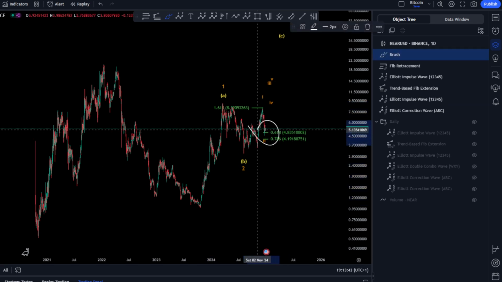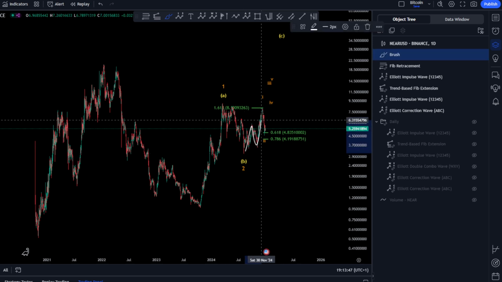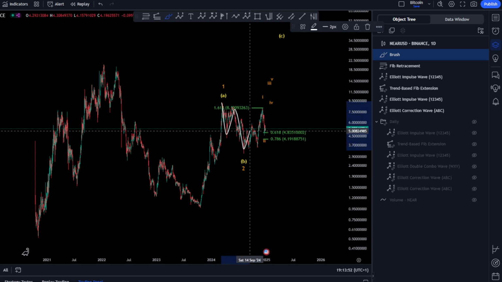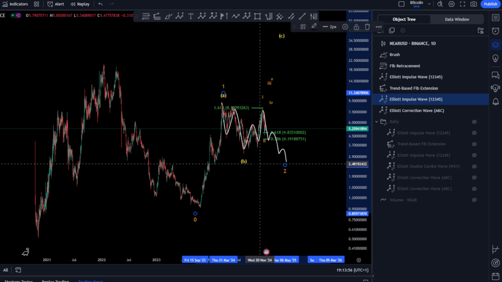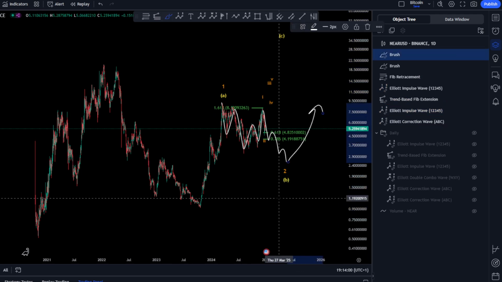So everything we talked about on the 4-hour chart will be invalidated. There is no double 1 2 anymore, and this might be an A, then B, then C towards the downside, finishing a wave 2 and a wave B, and then moving towards the upside.